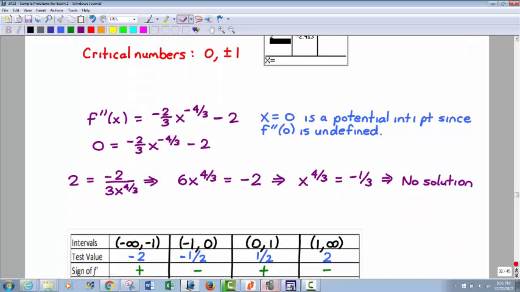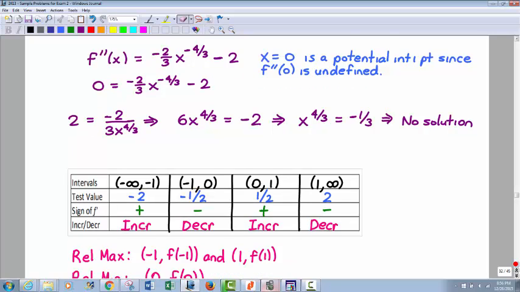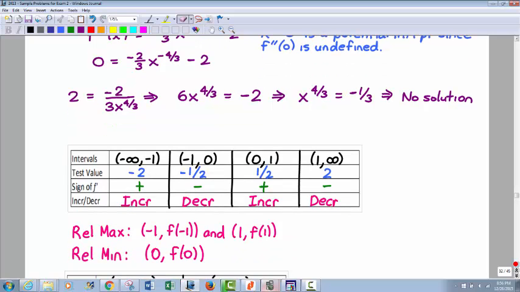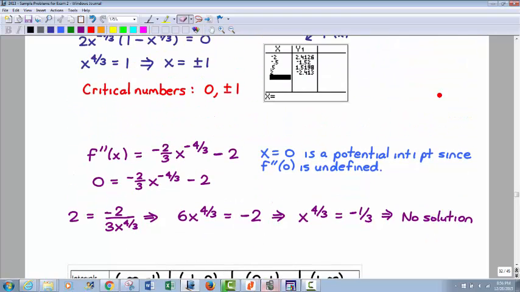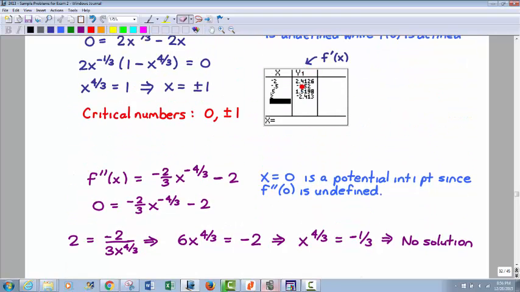So you have three critical numbers, 0, plus and minus 1. Before I do the second derivative, let's look at our first derivative sign chart. Three separators on there, -1, 0, and +1, so we have 4 intervals. Pick your test points. Notice I labeled this f prime here. We do want the derivative here.